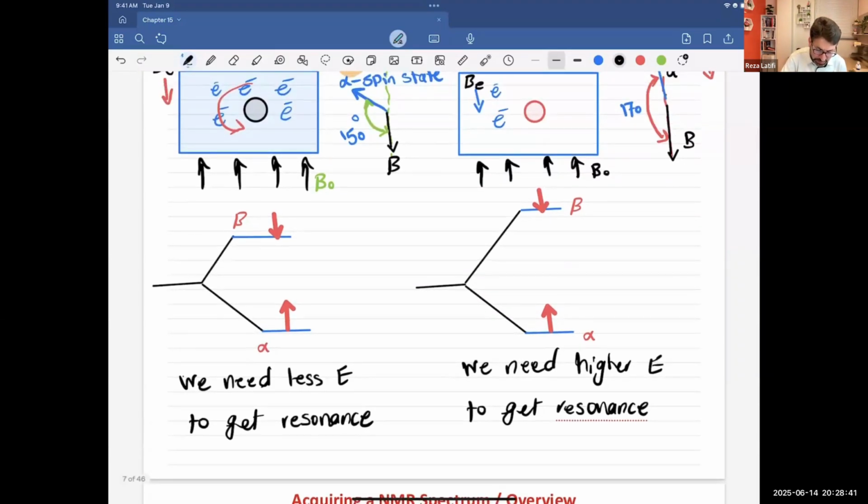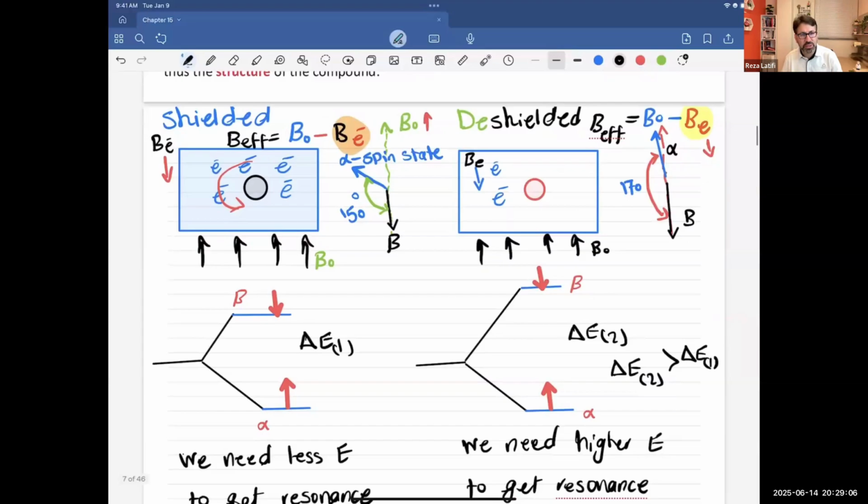I showed them here by different gaps, the delta E. Let's call this one 1 versus the delta E here, call this one 2. Delta E for the second one is going to be higher than delta E of the first one.